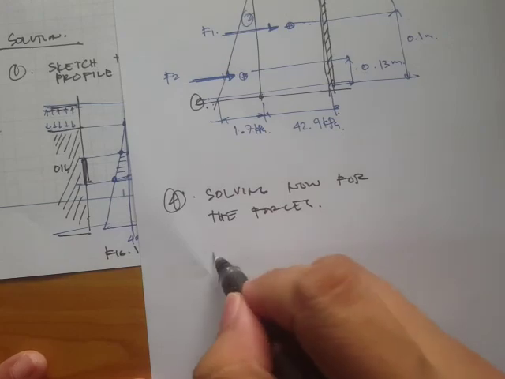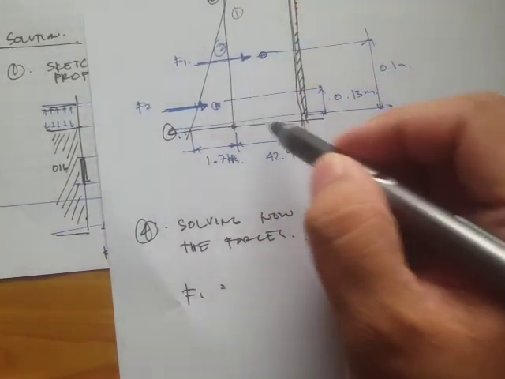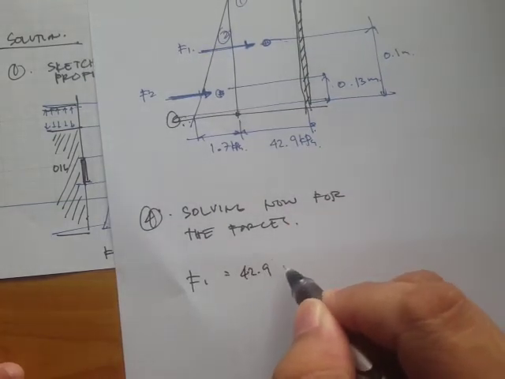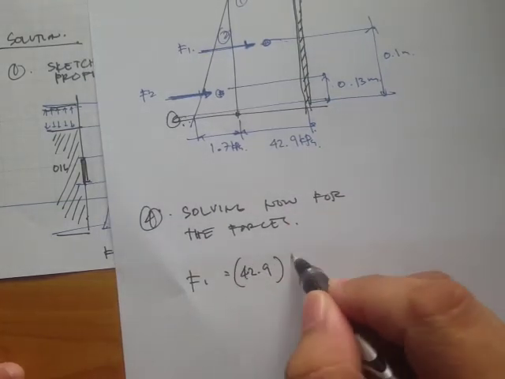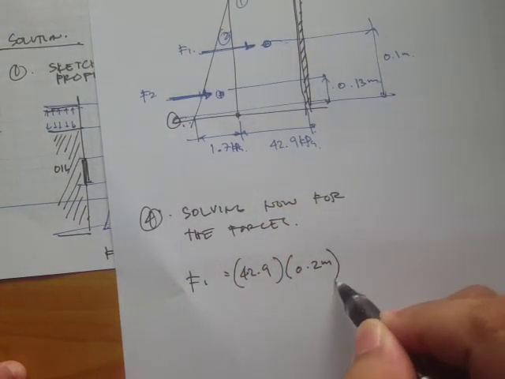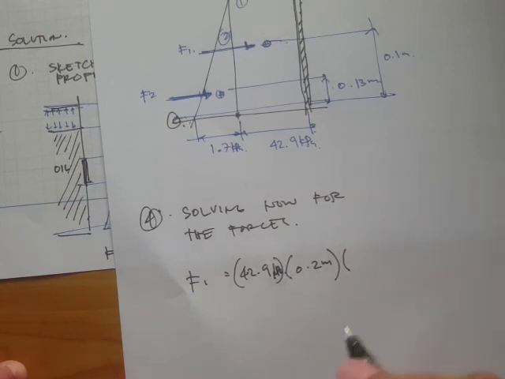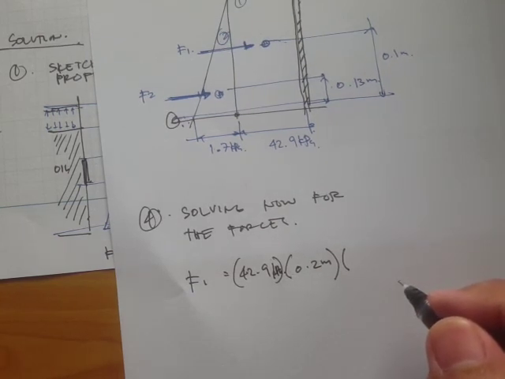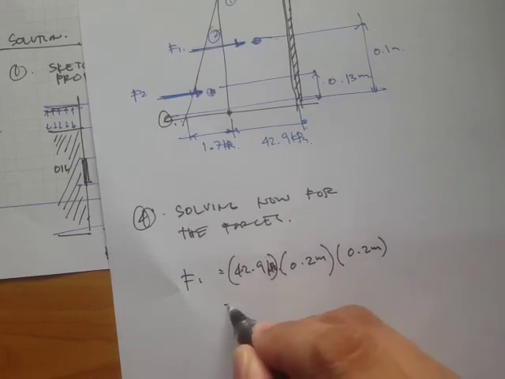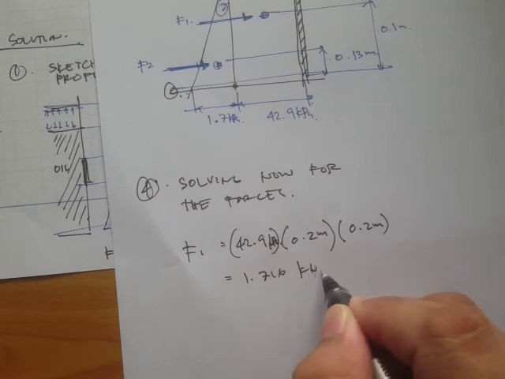Okay, so for F1, this is our rectangular prism, which is 42.9 kPa times the height, which is 0.2 meters. Okay, let's write the units, times the orthogonal length, which is also equal to 0.2 meters. And what we have is 1.716 kilonewtons.